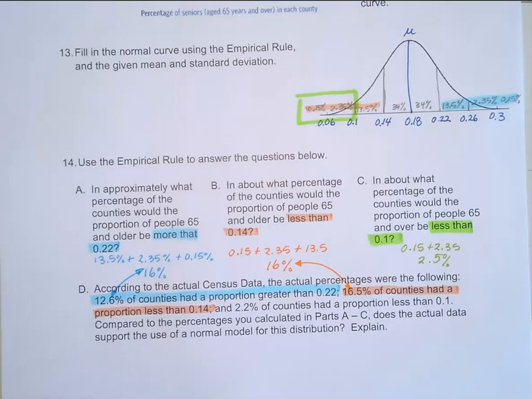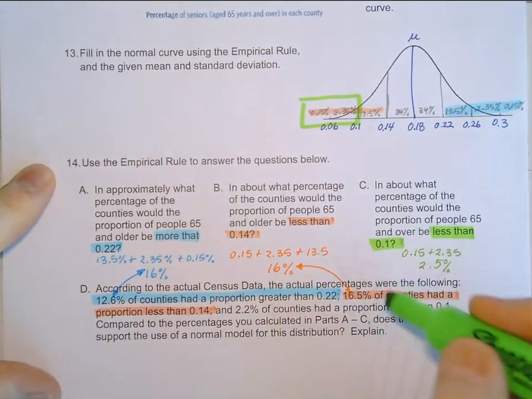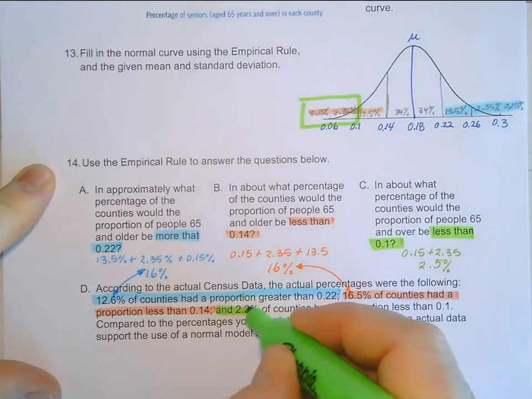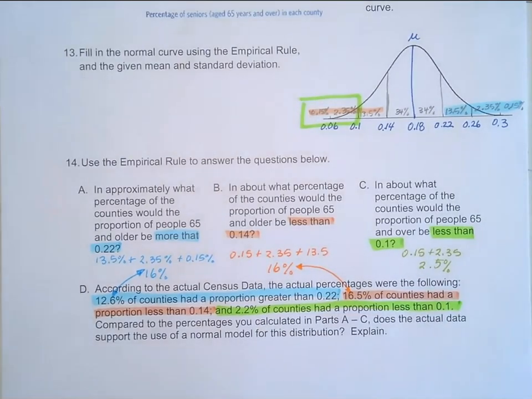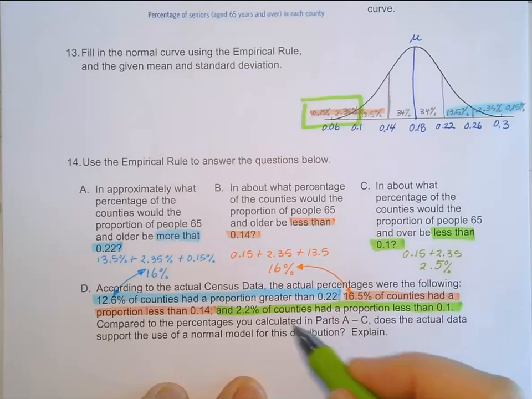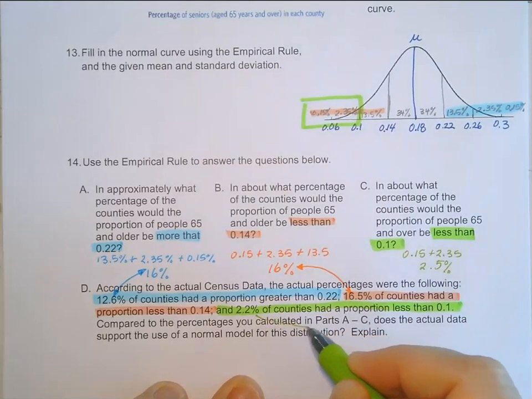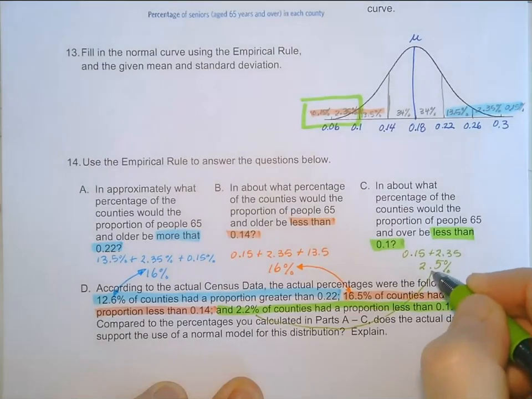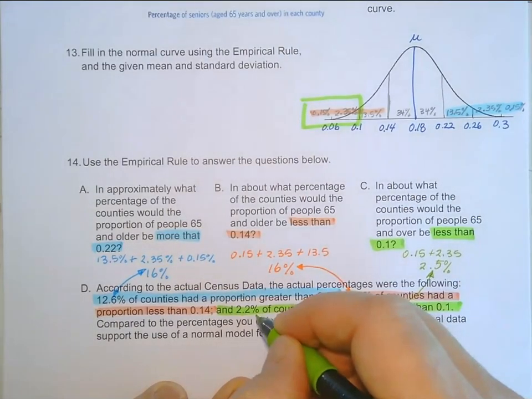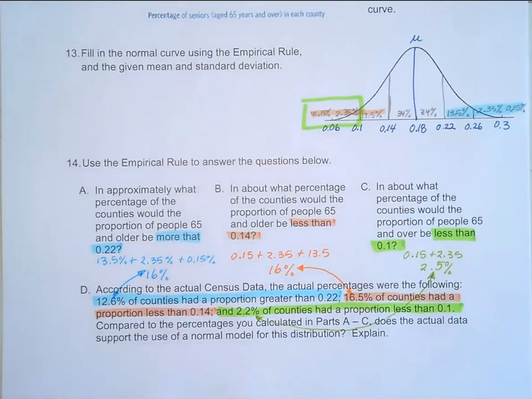And then finally, it says that 2.2% of the counties had a proportion less than 0.1. Well, we had 2.5 and they had 2.2. That's actually really close, isn't it?